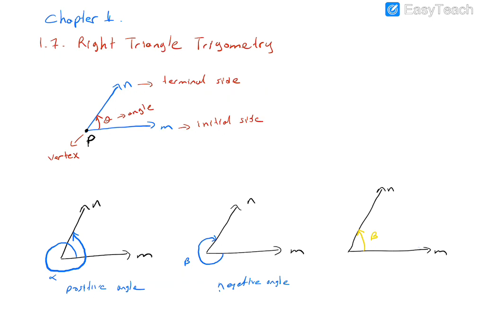And the other one starts again from M, and we go in the clockwise direction. So this is alpha. These two different angles are called coterminal. So here alpha and beta are coterminal.